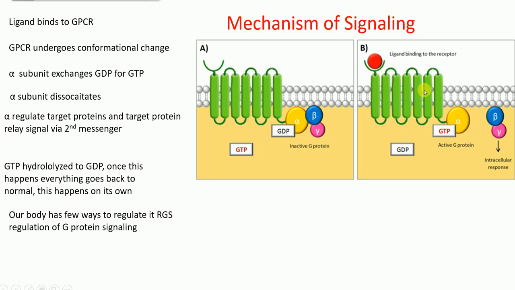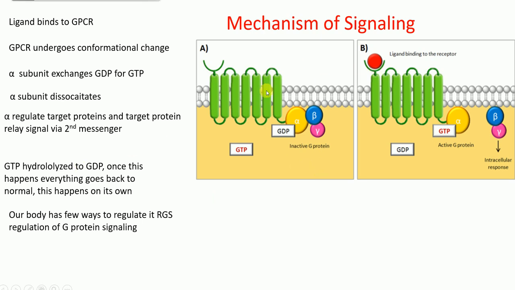The receptor undergoes conformational changes, and after that the alpha subunit exchanges GDP for GTP, like here, and then the alpha subunit dissociates from the beta gamma dimer and regulates target proteins, and target proteins relay signal via second messengers. The control of this pathway is by the hydrolysis of GTP and also by different regulatory proteins such as RGS, regulation of G protein signaling.